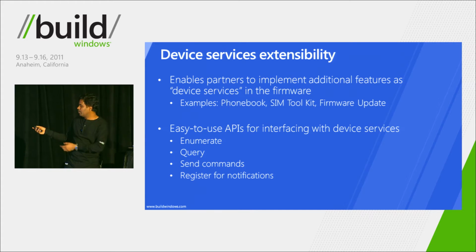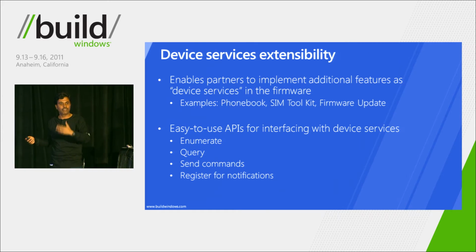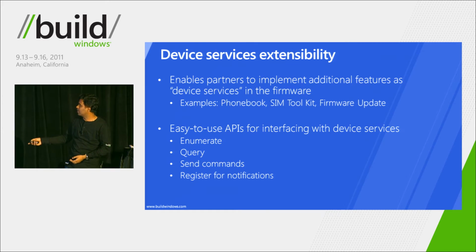So we are making it as easy as possible, and this is a huge improvement over Windows 7, where we just provided mobile broadband vendor specific functionality that was opaque pass through, but now there is a level of discoverability. You can query, you can register for notification, and a whole bunch of stuff.